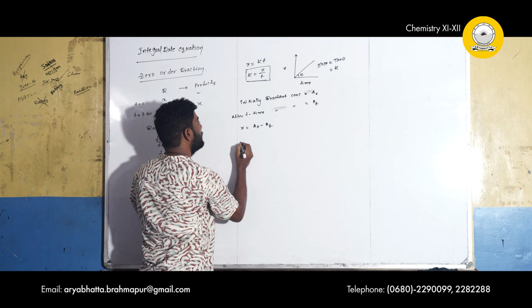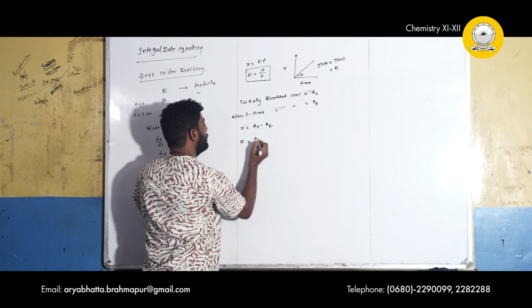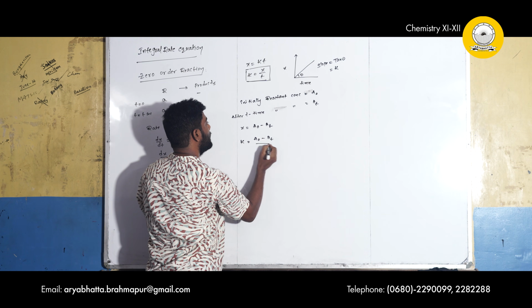Now substitute here: k equals a naught minus a t by t.